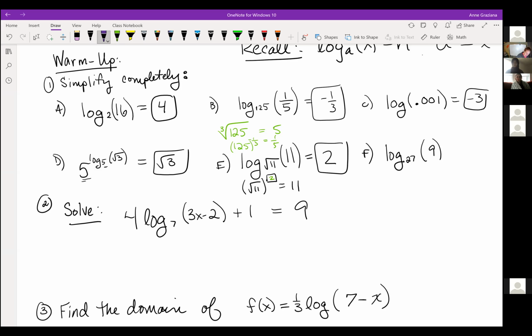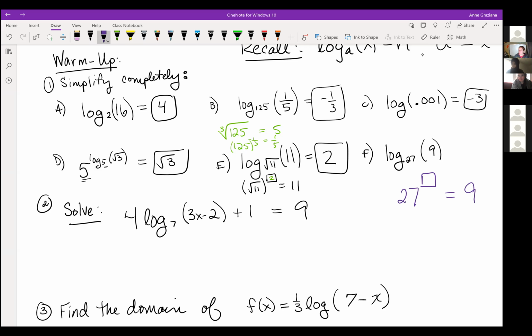Okay. Now the last one is the most challenging. So who would like the most challenging one? I'll open that up for a volunteer. What brave soul would like to take it? Basically asking 27 to what power will give me 9? Wouldn't it be 2/3? Yes.